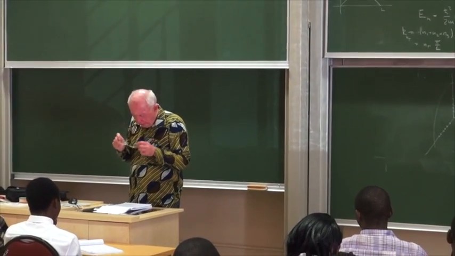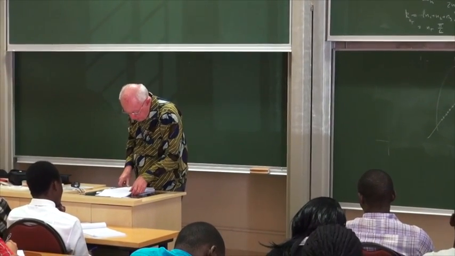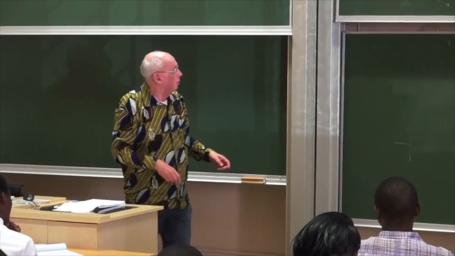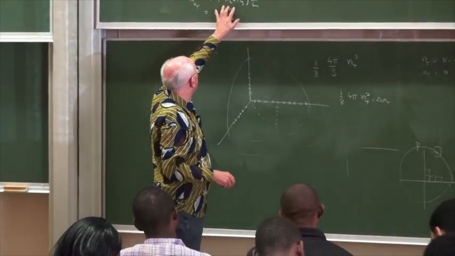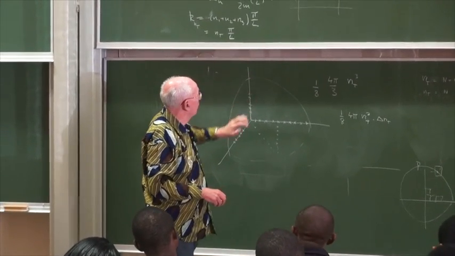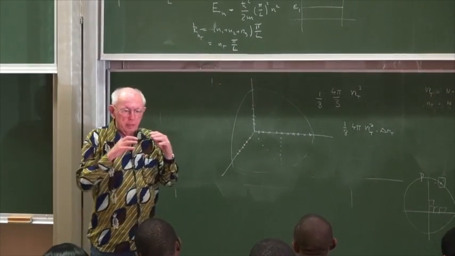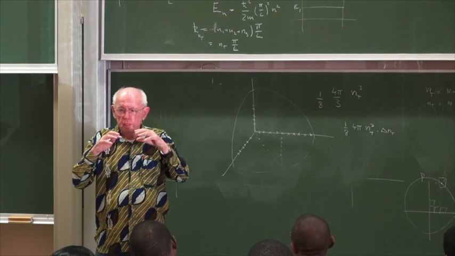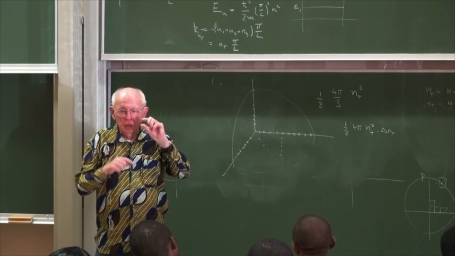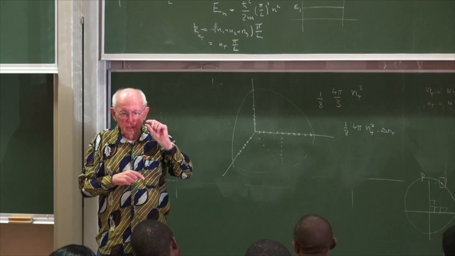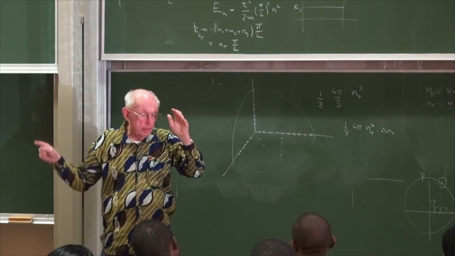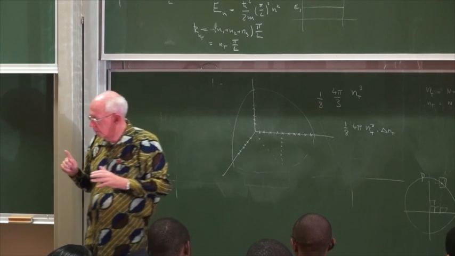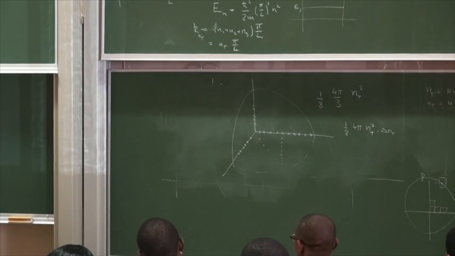So if we look at this now, we know that this is K. K looks like this, and I want to now know what is the number of states which lie between some value of K and K plus delta K.